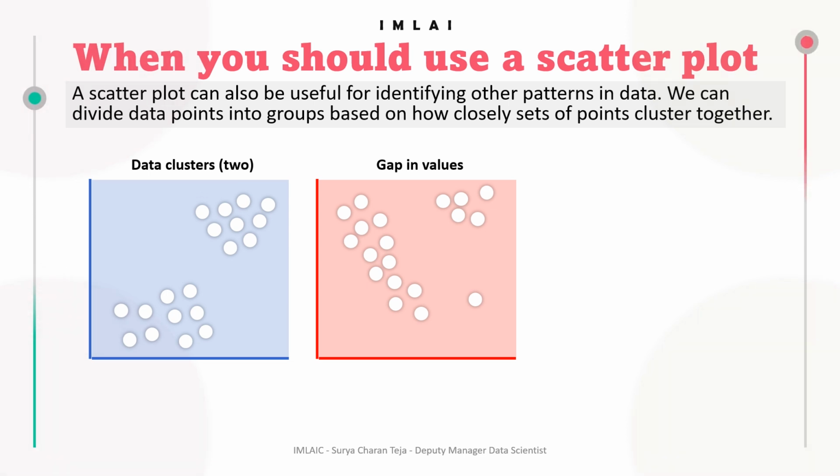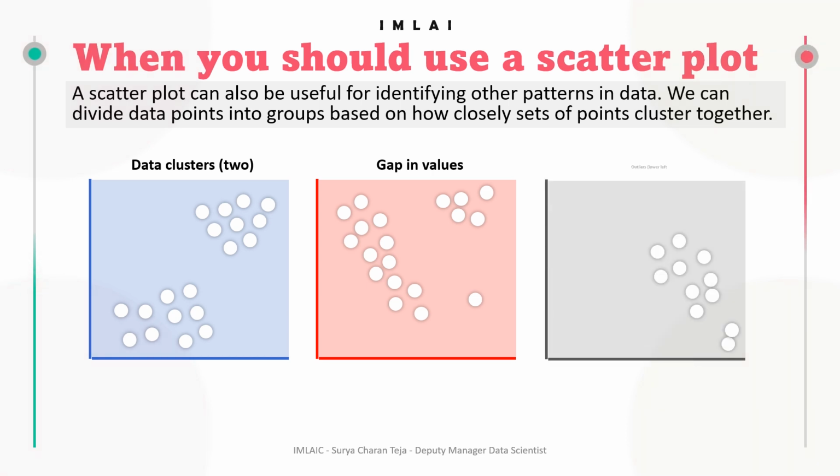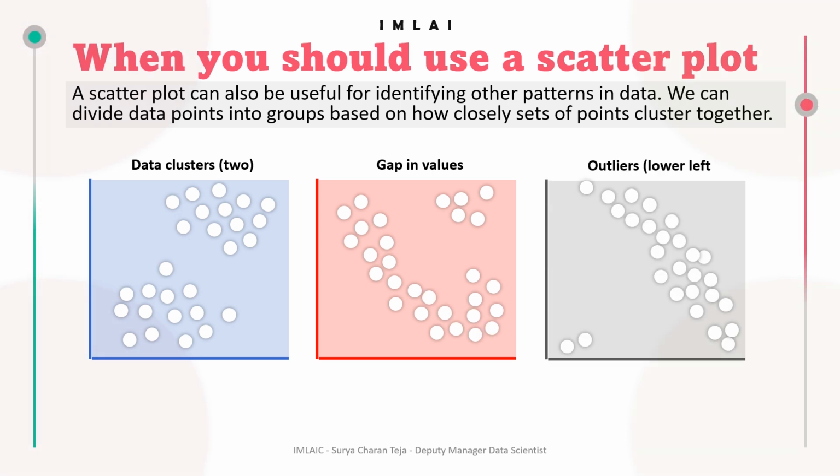And the final one: you can also use it to catch outliers. If you see the whole data, here you have a linear relation which is closely packed, and as x is increasing, y is decreasing, so you can tell that this is negatively correlated.